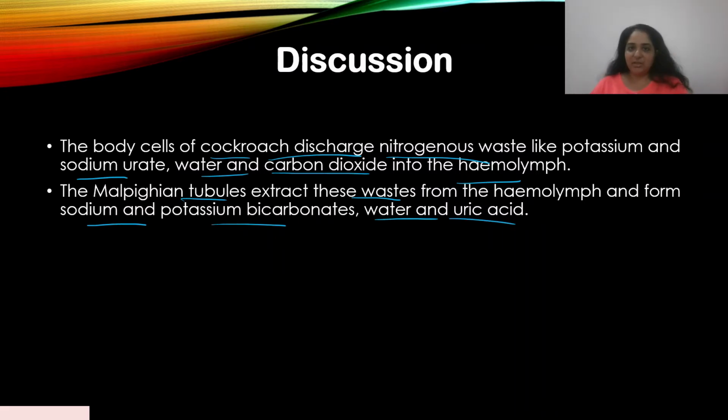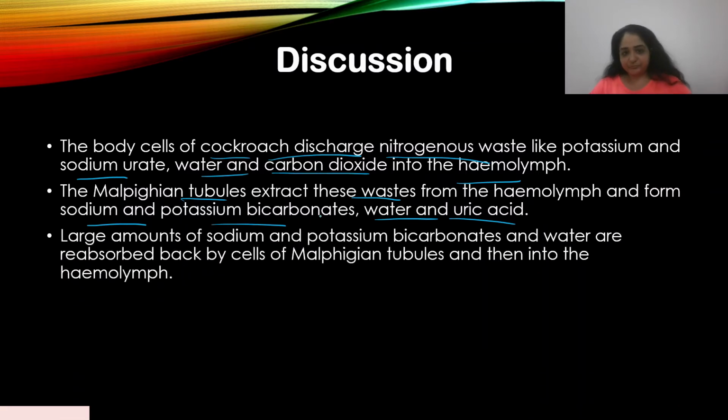So it enters the Malpighian tubules and is converted into bicarbonates of sodium and potassium, water and uric acid. Now what happens there? Large amounts of sodium and potassium bicarbonates and water are reabsorbed by cells of the Malpighian tubes and go back into the hemolymph. They've converted the waste into bicarbonates, uric acid, and water, but we don't want to lose water or the bicarbonates.